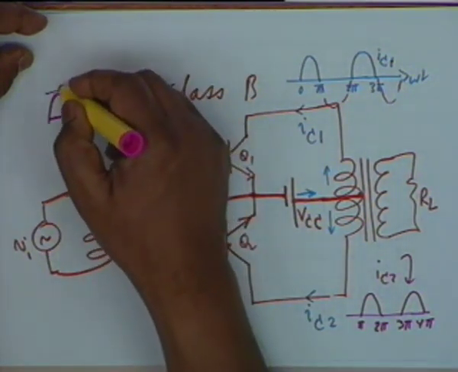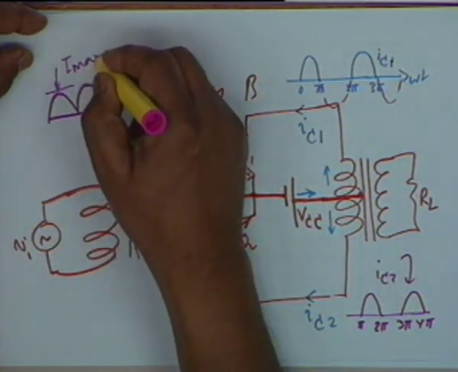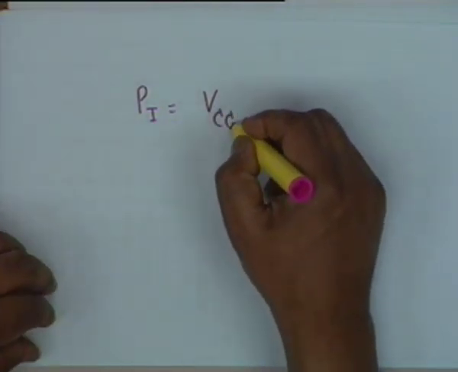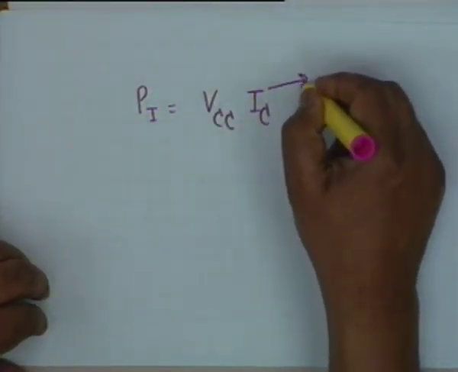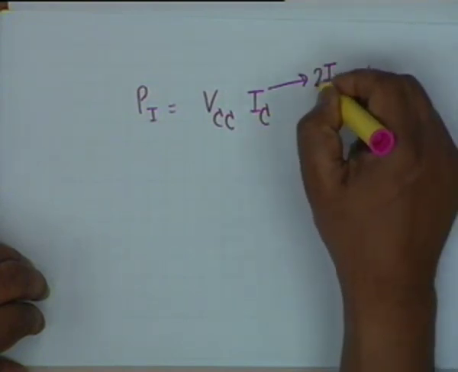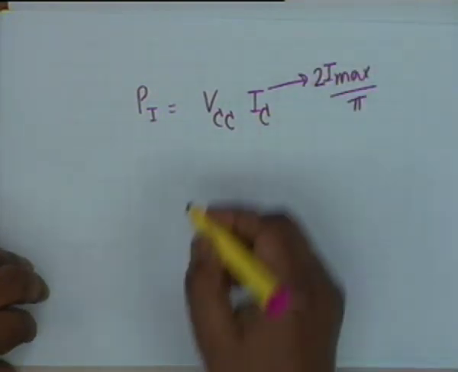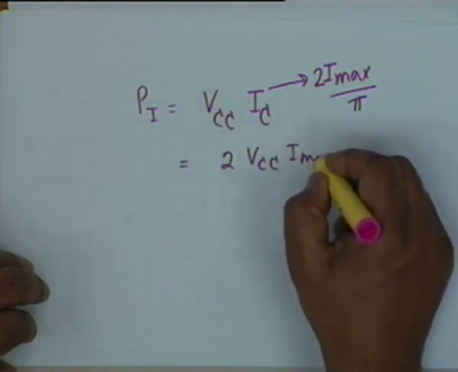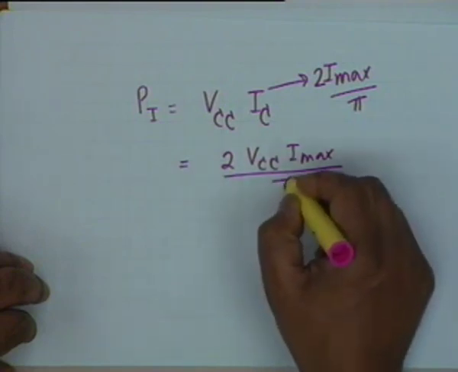If this is I max, then the average value is 2 by pi multiplied by I max, and therefore it is VCC times I sub C, where I sub C is twice I max by pi. So this is equal to twice VCC I max divided by pi.